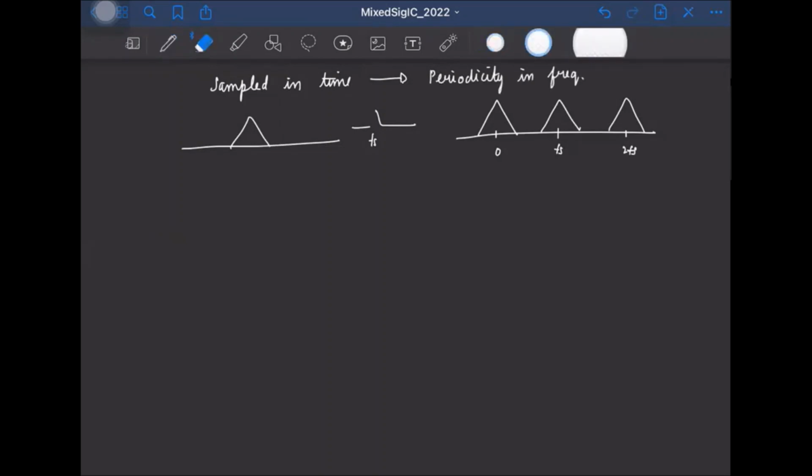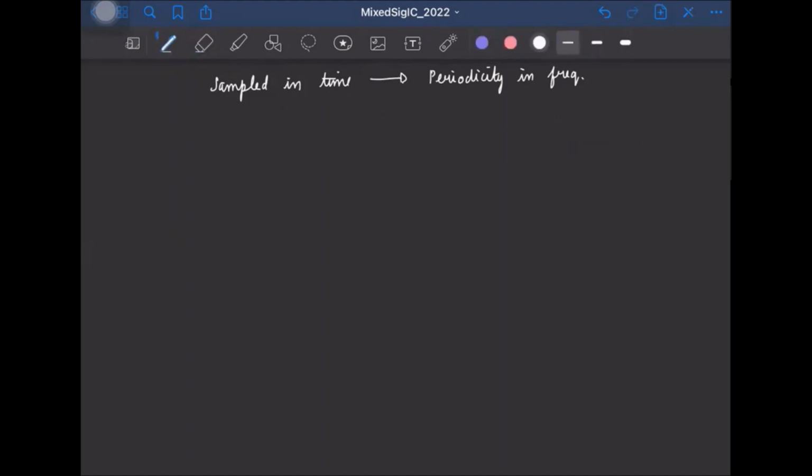Let me quickly erase this. Here, what's happening? We are sampling in the frequency domain, because we are taking the samples of the discrete time Fourier transform. So here sampling is happening in the frequency domain, which means we should expect some kind of periodicity in the time domain, right? And that's what happened.